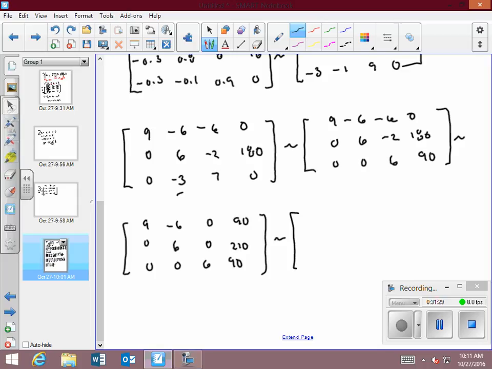I'm going to divide this bottom row by 6 because I'm done with it. 6 into there, what's that, is that 15? But I'm going to leave this alone, and just multiply it by 1. And now that's 300, right?